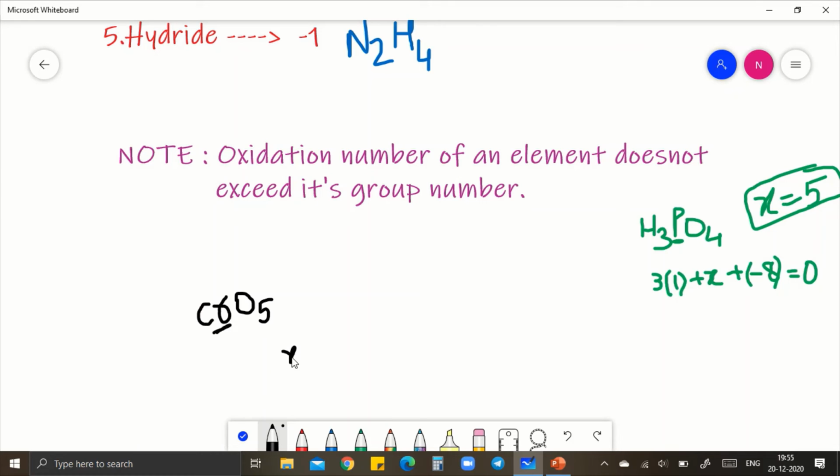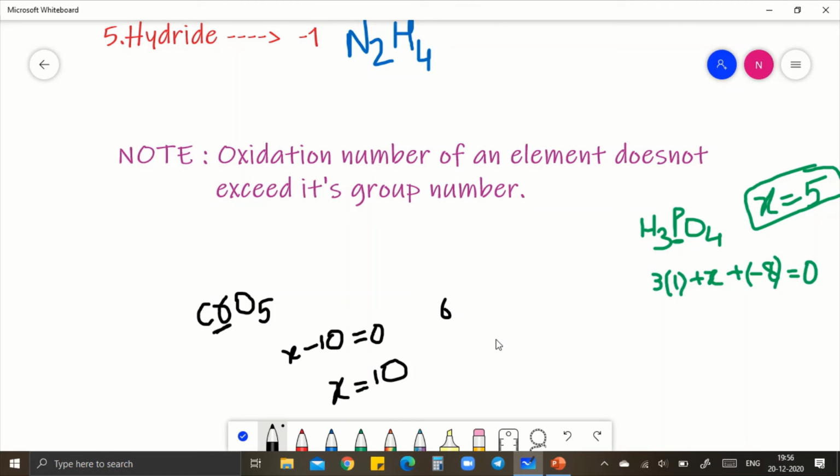Let's keep it as X. X minus 10, because oxygen's oxidation state is -2, and -2 into 5 is -10. Now we got 10 for chromium. It's not right, because the chromium's group number is 6, not 10.